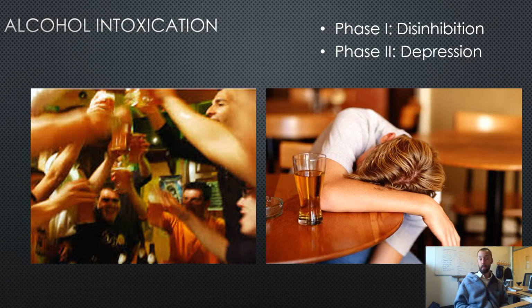Phase two is depression, and that's why alcohol is a depressant. If you keep drinking, it lowers your energy levels. It starts by shutting off your frontal cortex, but it more or less shuts off more and more parts of your brain until you're ready to go to sleep, to pass out, blackout drunk.